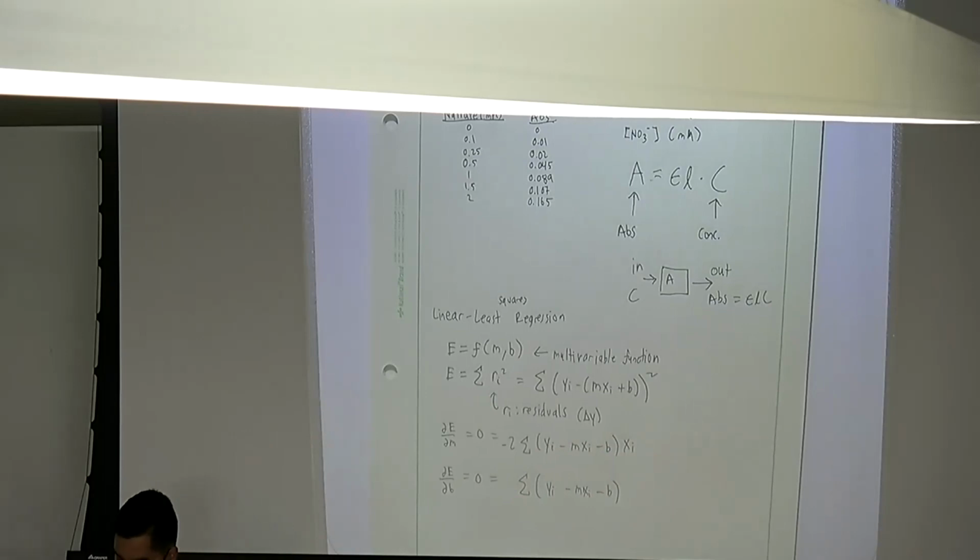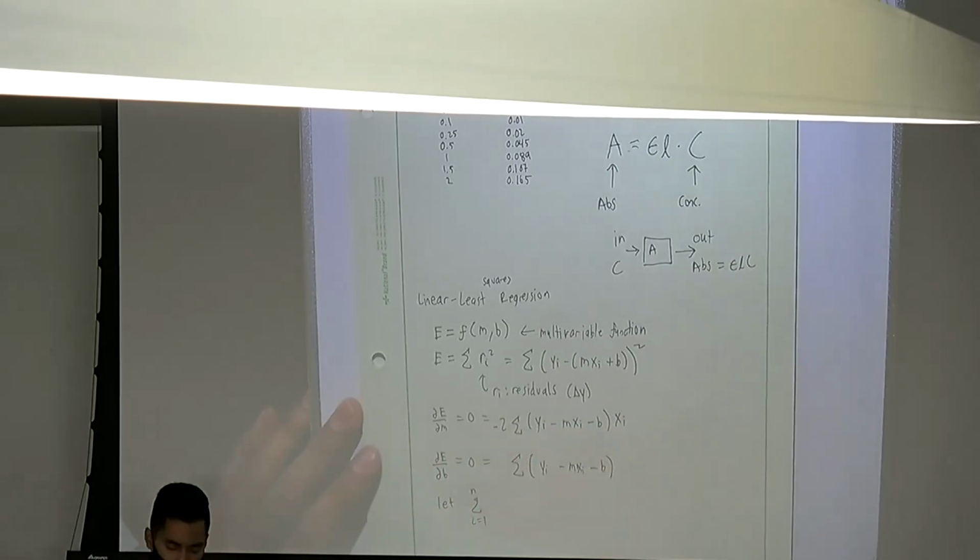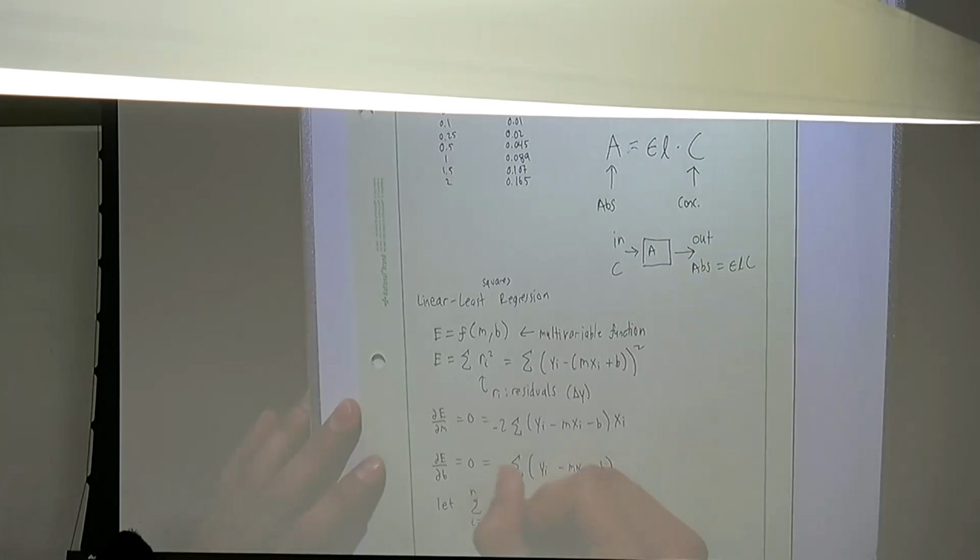So what your book does, which is very useful, is we're just going to define some functions. So let the summation from i equals 1 to n of just b, xib.